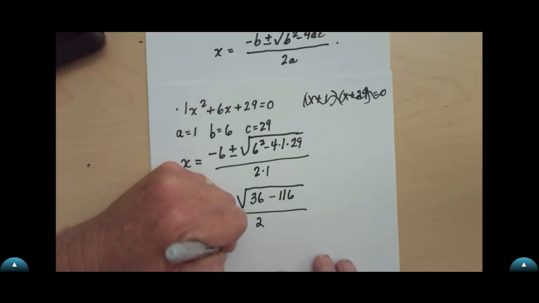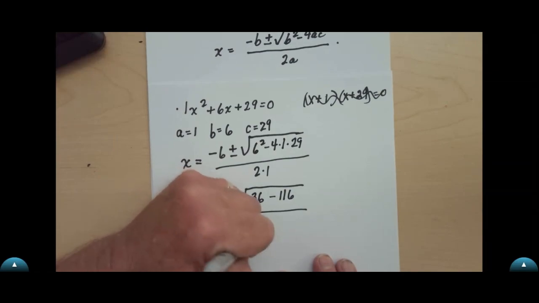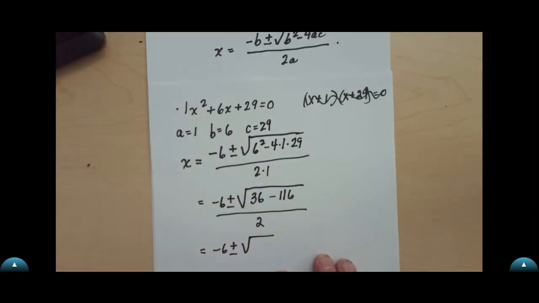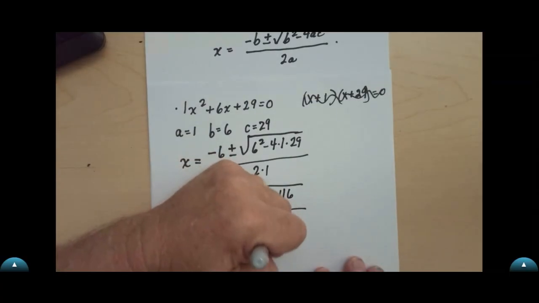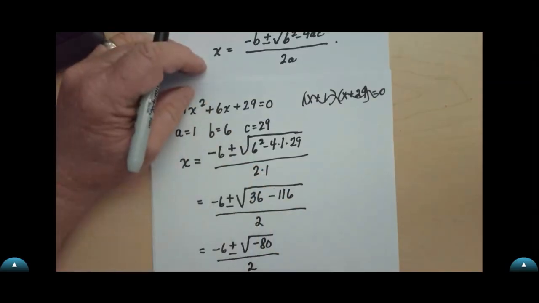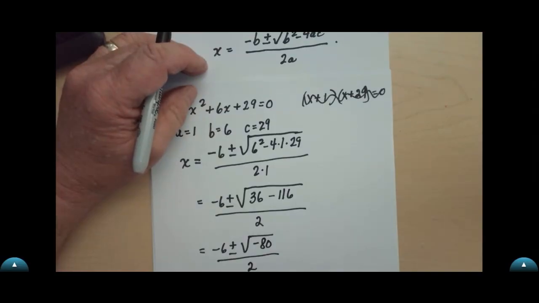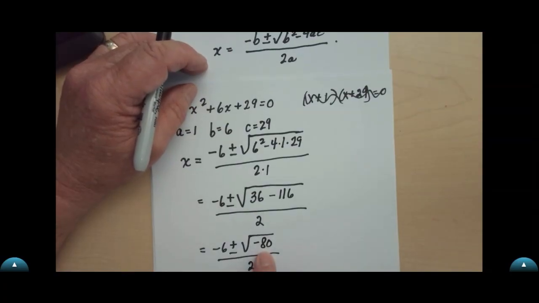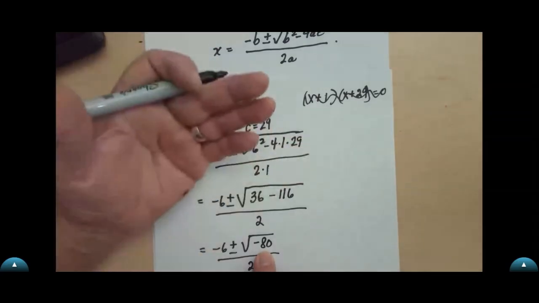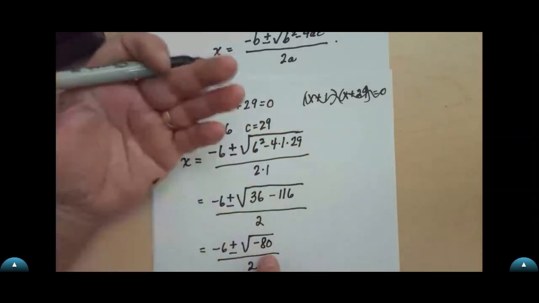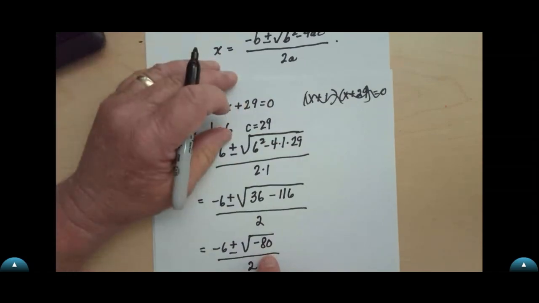So we got negative 6 plus or minus the square root of, is that going to be negative 80? Negative 80, square root of negative 80, all over 2. I believe that 80 is 16 times 5, right? 80 is 4 times 20, and we know the square root of 4, so we can simplify that.